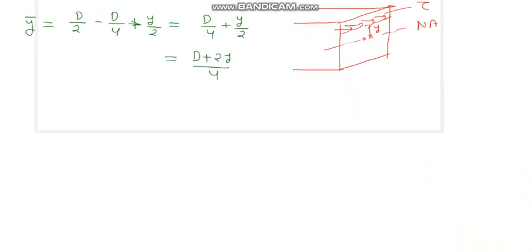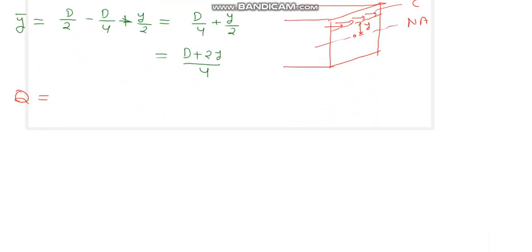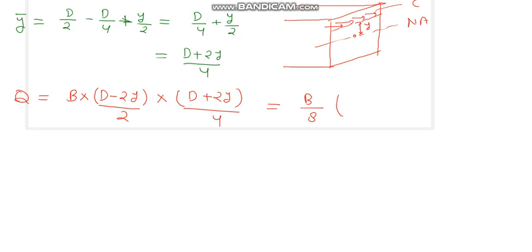So we can write Q equals area, B into (D minus 2y) divided by 2, into the location of centroid, (D plus 2y) divided by 4. This equals B by 8 into (D square minus 4y square). This is the value of Q.